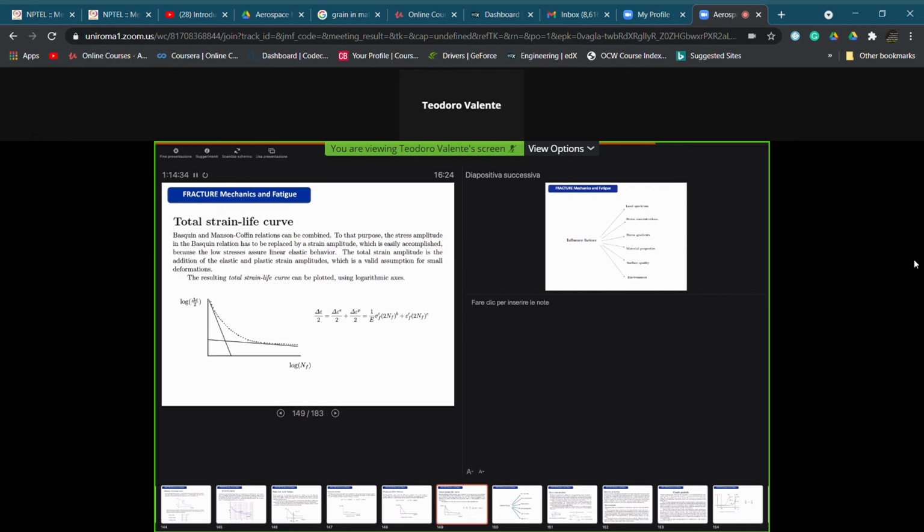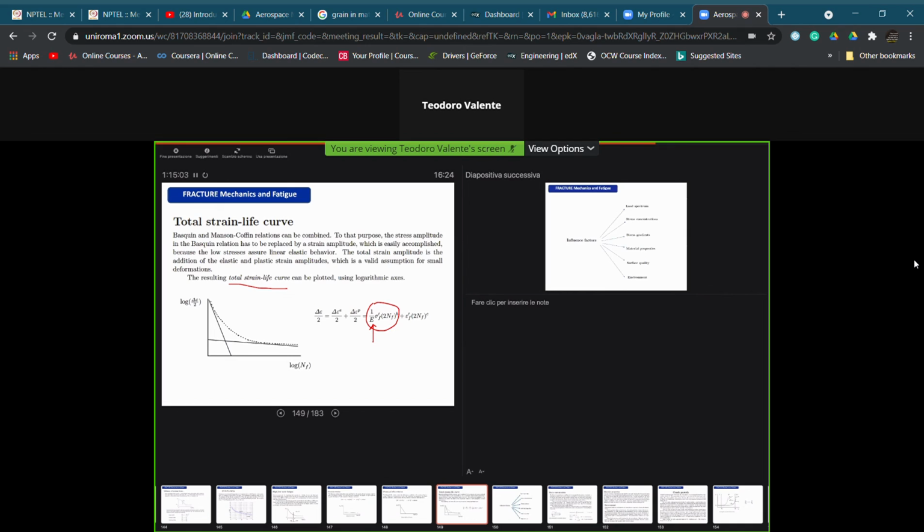a total strain life curve is built. Since we have the Coffin-Manson equation defined according to deformation, that is according to strain, we convert the Basquin relationship, you see here, by using the Young modulus, that is considering the materials behaving essentially in a linear elastic way in deformation.